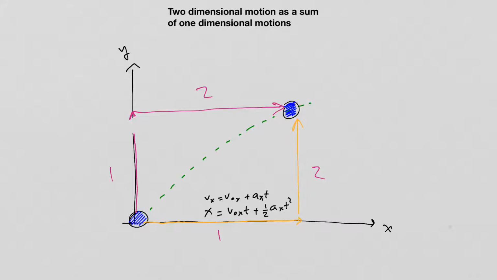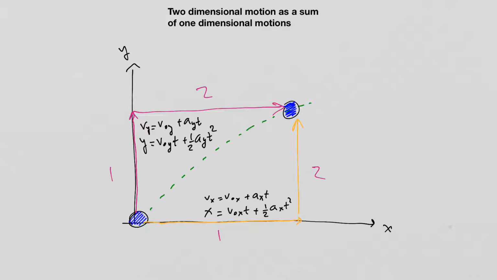So Vy is equal to V0y plus ay times t. Y is equal to V0y times t plus 1/2 ay times t squared, and so on and so forth.